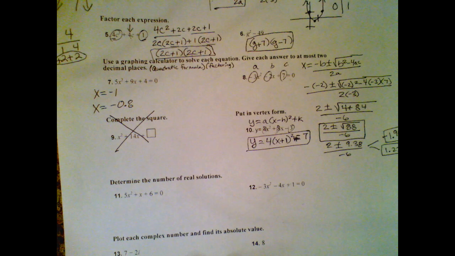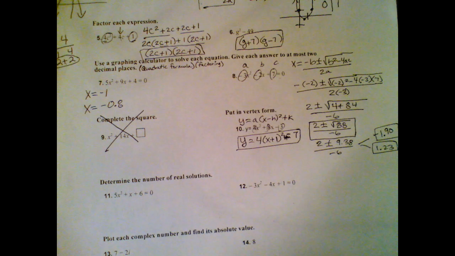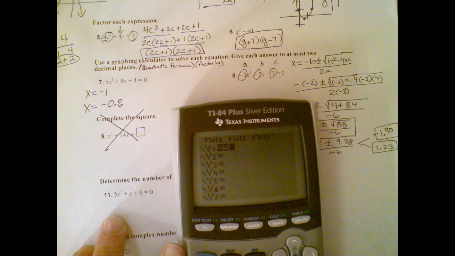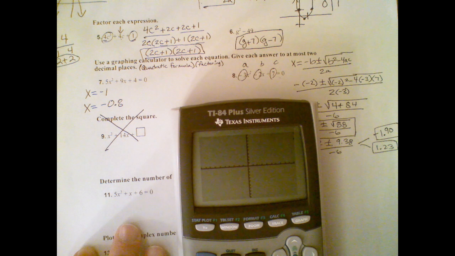Alrighty, for number 11 and 12, again, there's two different methods that you can use to solve for the number of solutions. It doesn't want to know what the solutions are, just how many does it have. So one option you have is using the graphing calculator. And you're looking to see how many times it crosses the x-axis.